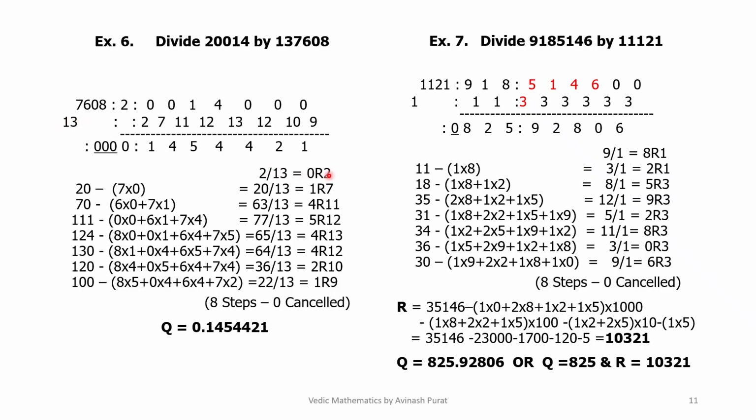2 divided by 13 equals 0 or 2. 0 is the quotient, 2 is the remainder.